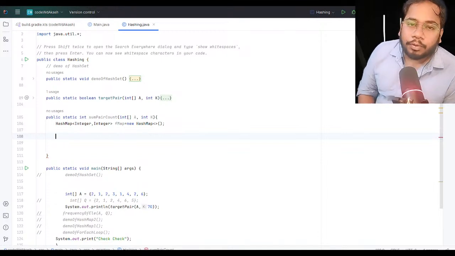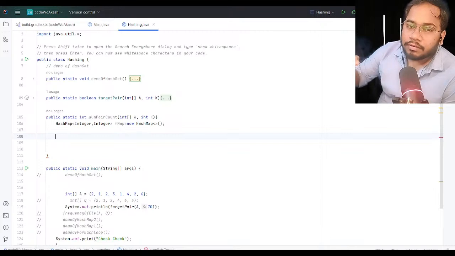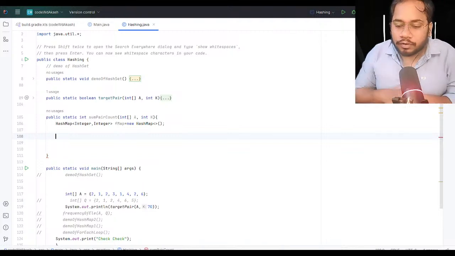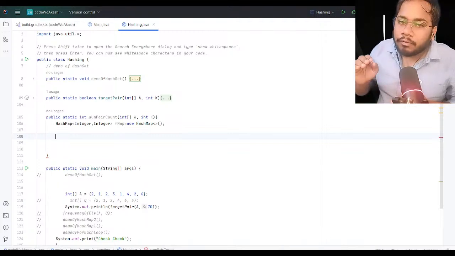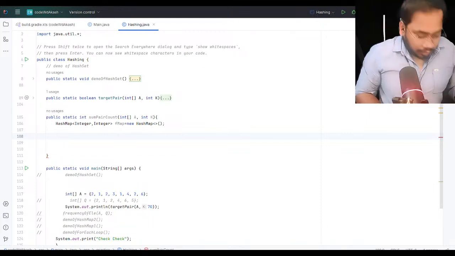Now what we have to do? We will iterate in the array once, right? So first we will create that frequency hash map. So how we can do that?